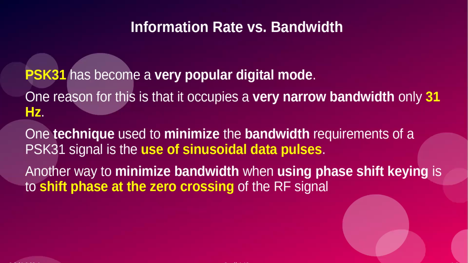And obviously, it gets part of its name because it's 31 hertz wide. So it's one of the narrowest ones. And one of the things they do is they use what's called sinusoidal data pulses. Instead of looking like square waves, they kind of look like modified sine waves. I think I have a chart showing them, which helps reduce the bandwidth because you don't have any of the harmonics in there.